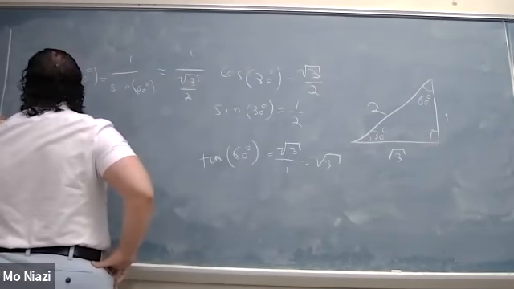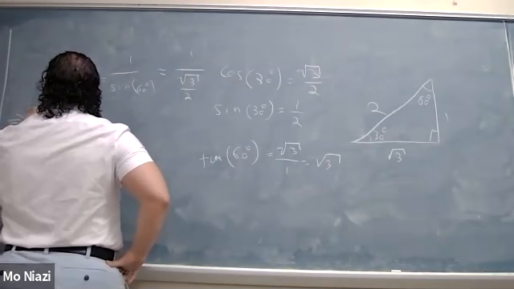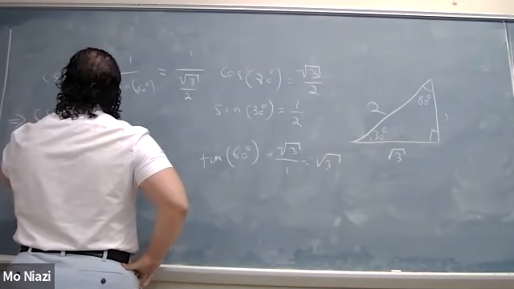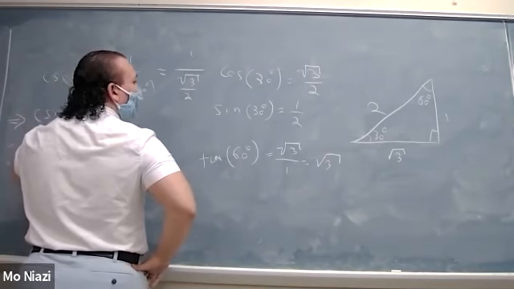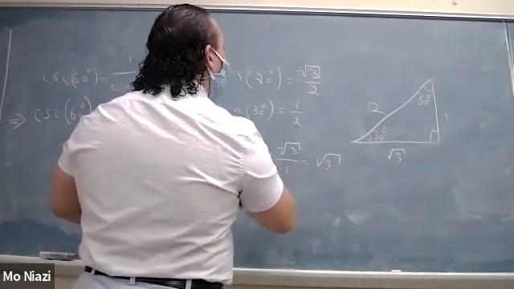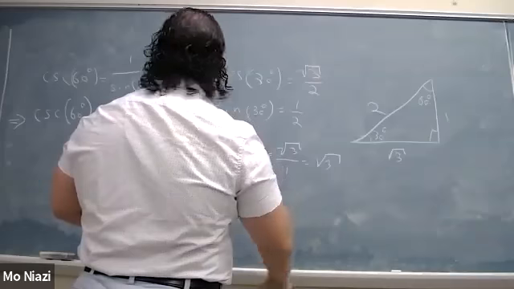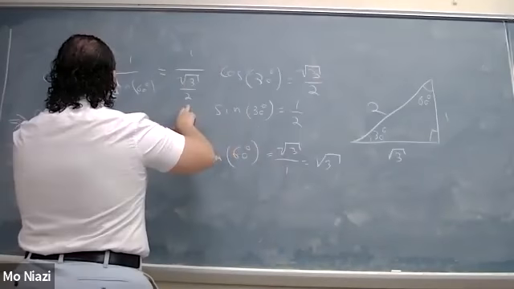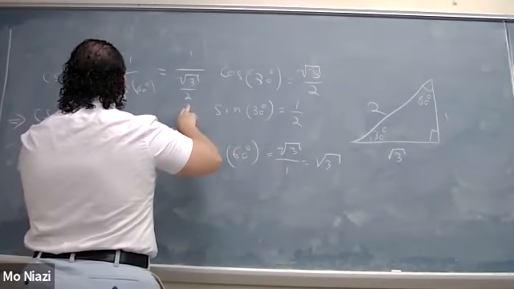And then when you multiply by reciprocals, you get 2 over square root of 3.